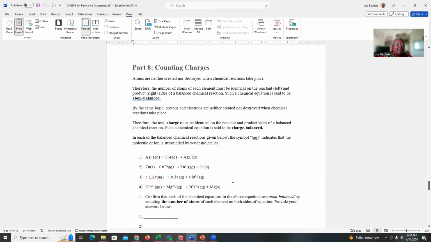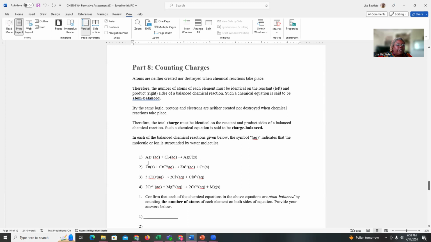Part 8 deals with counting charges. And so when we're talking about counting charges, we're looking at the visible charges on the substances. And so we want the total charge on the reactant side to equal the total charge on the product side. So let's look at number 1 to give you an example, and then the others you can go through.